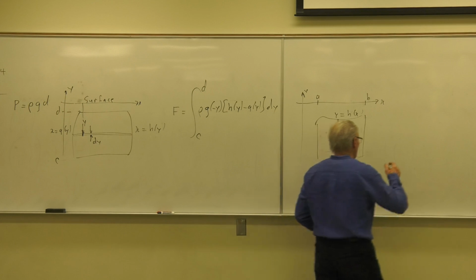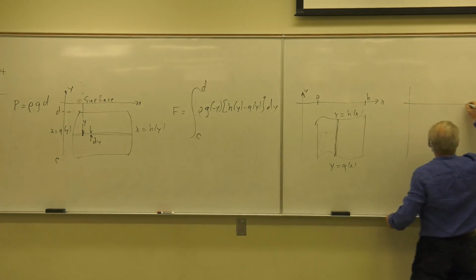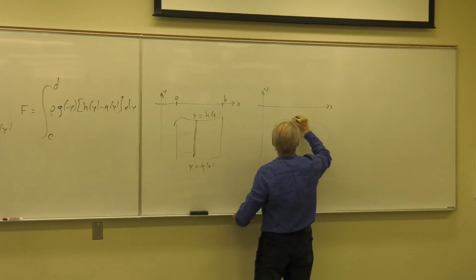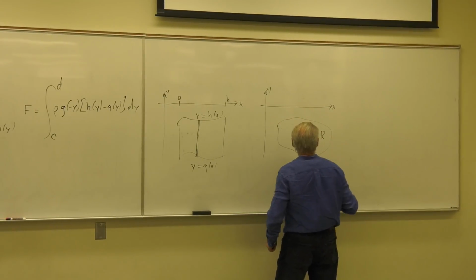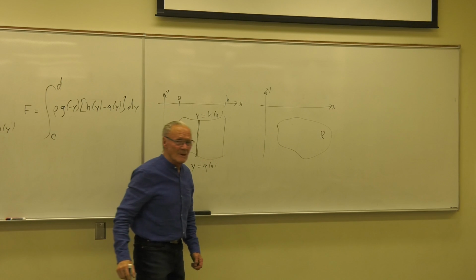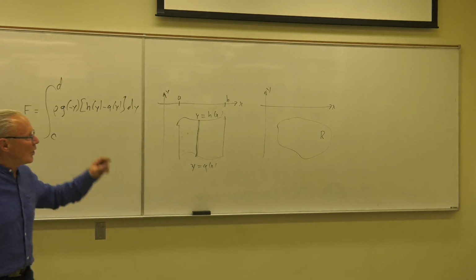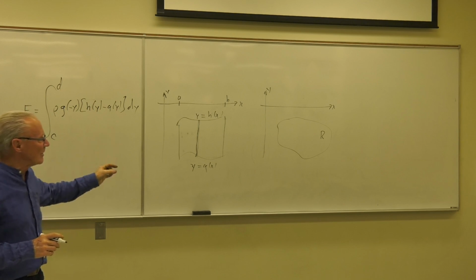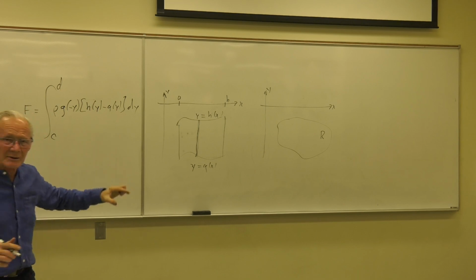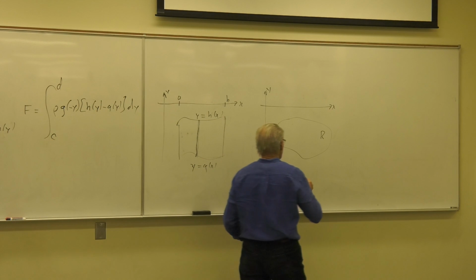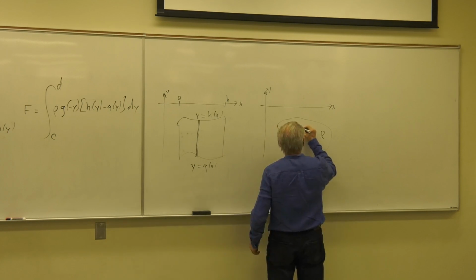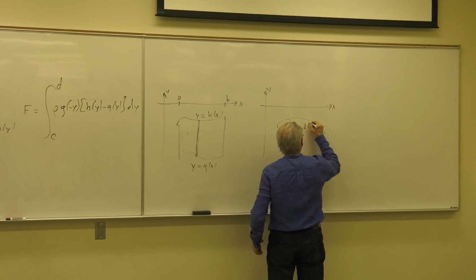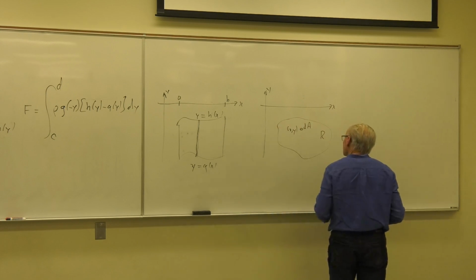Now let's think about double integrals. Suppose I just give you a plate, and suppose the region inside of it is R. And I ask you, go find me the force due to fluid pressure on each side of that plate. You can say, here's what I'm going to do. Picture a little piece of area at point x, y.